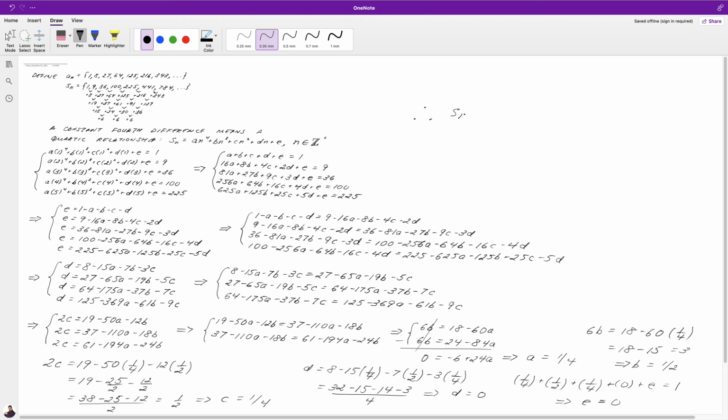S sub n is equal to, well, here it is. What's our value for A? It's 1/4, so we have 1/4 n to the power of 4 plus B, which is 1/2, so 1/2 n to the power of 3 plus C, 1/4, so 1/4 n squared.